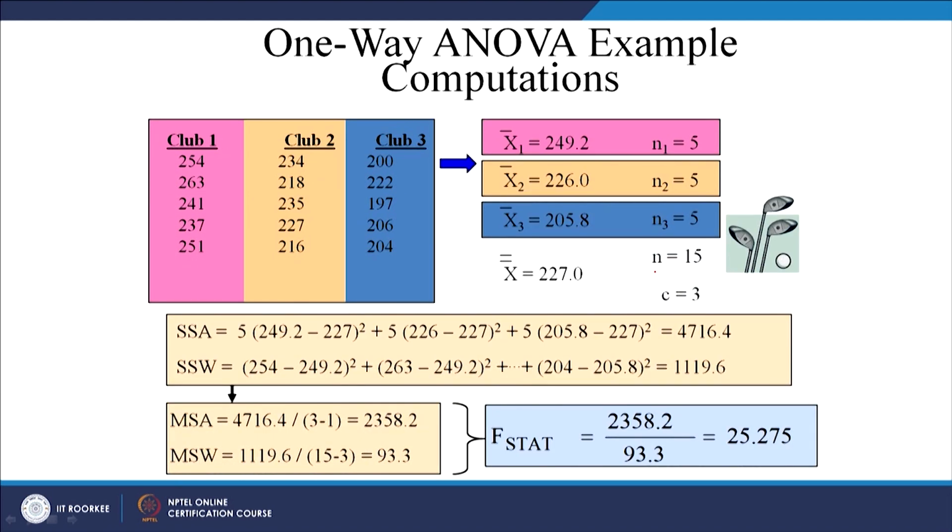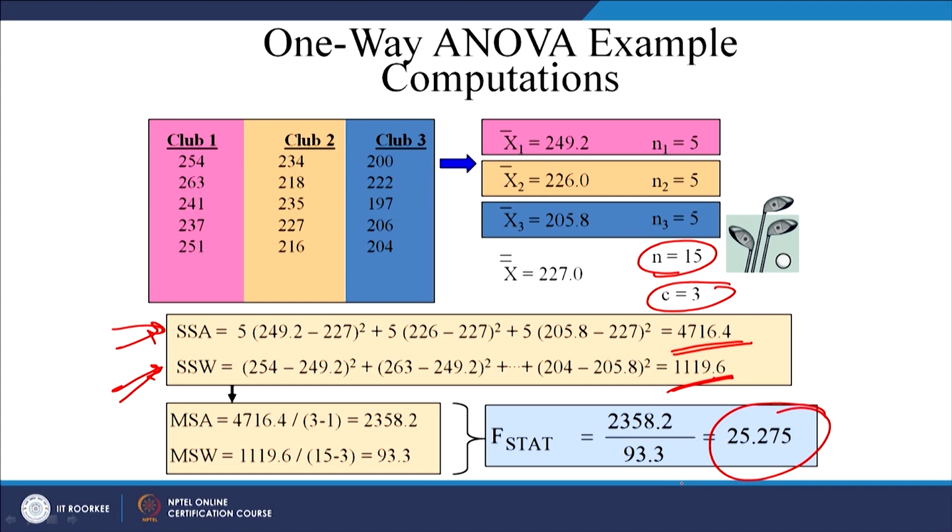So, total n is 50, C means the number of groups, 3. So, the among-group sum of squares is 4716 and similarly the within sum of squares, our error term, is 1119.6.